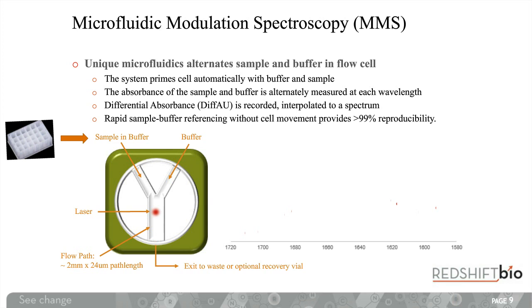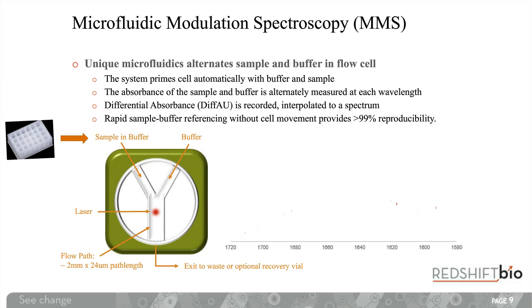In the bottom left, you can see a diagram of the flow cell, and as you can see, it's in this Y shape. The two inlets for your sample in background and background are at the top, or the narrower parts, and the measurement chamber is at the bottom, with the measurement position shown as a red circle. The flow cell has dimensions of 2 millimeters by 24 microns, with 24 microns being the path length of this cell.